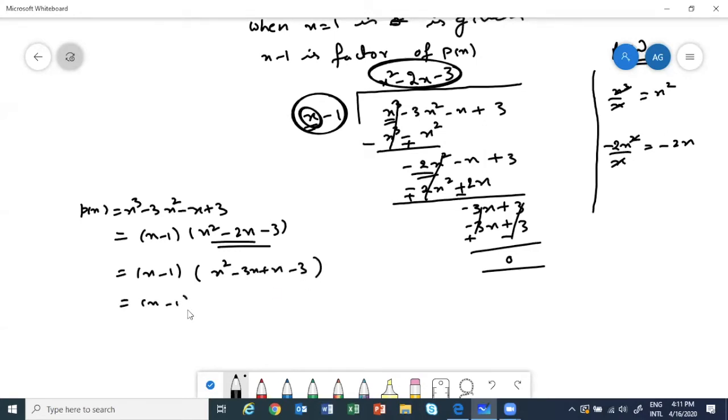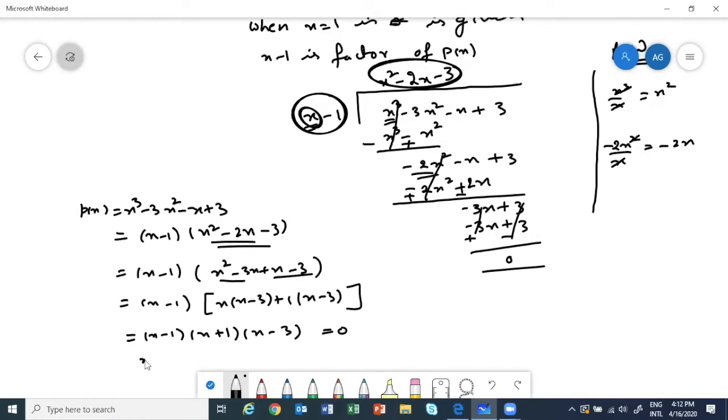So x minus 1, combine them, we get x common, x minus 3, plus 1 common, x minus 3, and we are left with x minus 1, x plus 1, and x minus 3. So when you equate it to 0, you will get x equal to 1, minus 1, and 3 are the zeros of Px.